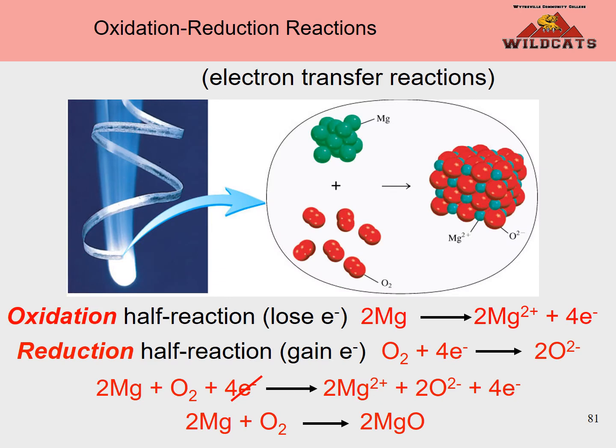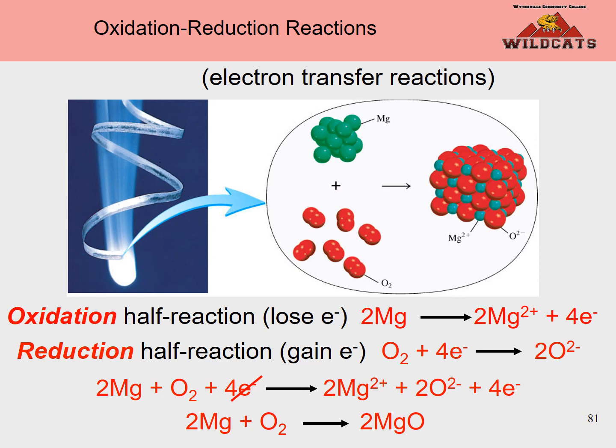So let's take a closer look at oxidation and reduction. Again, it's electron transfer reactions. Remember, OIL RIG, oxidation is loss, reduction is gain. Okay, so the oxidation half reaction is always going to lose electrons. So if we're taking a look at reacting magnesium with oxygen, then notice the magnesium becomes magnesium 2+.